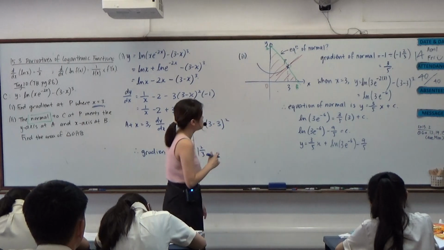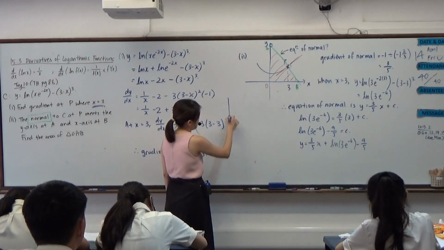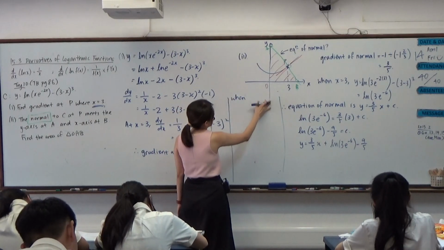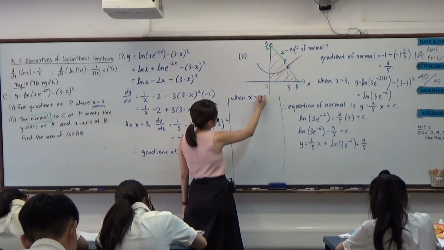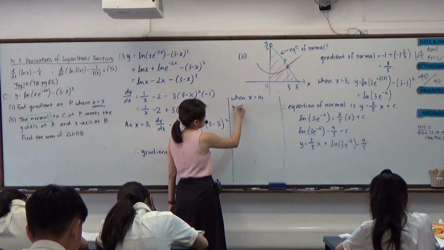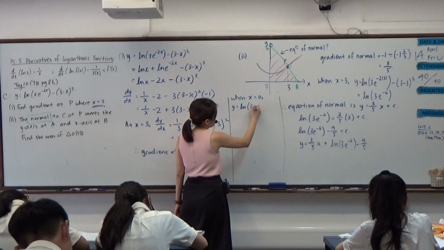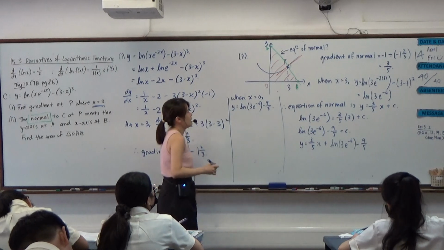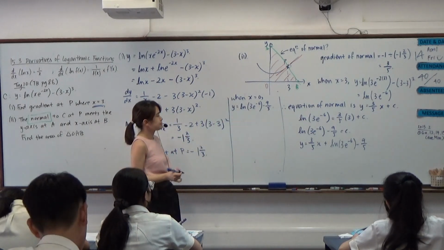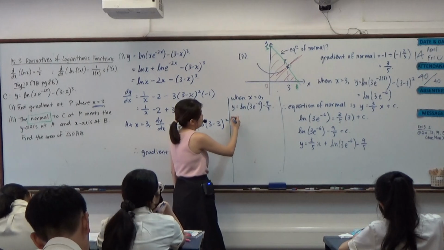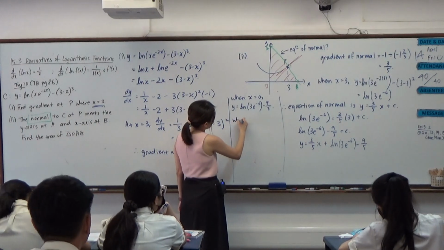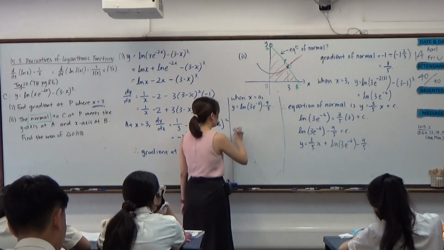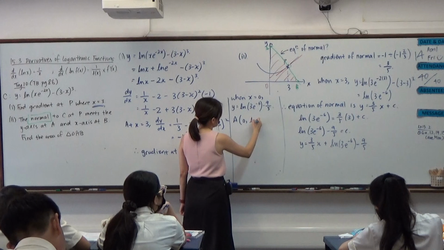Now that I have the equation of the normal already, I can find out the coordinates of A and B. So to find A, x equals 0. Okay, and y equals this. Let me write down. A is 0.